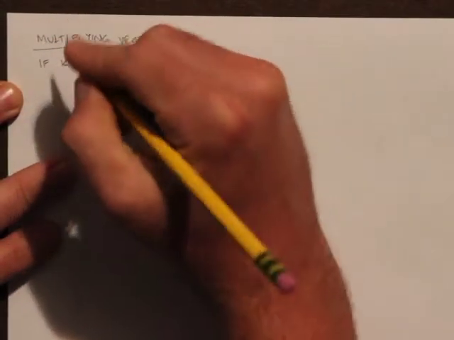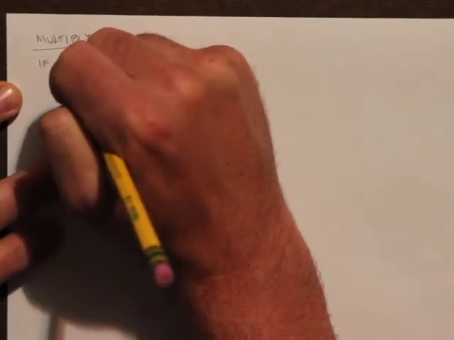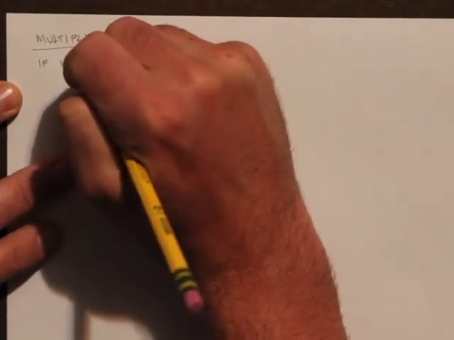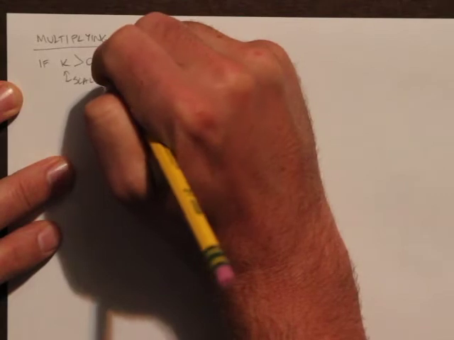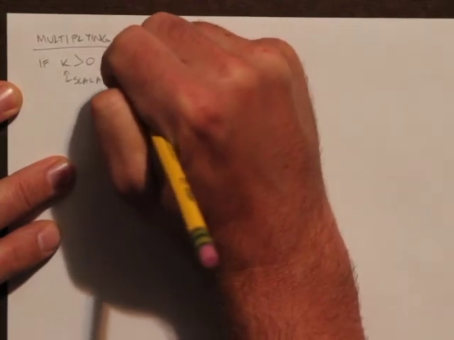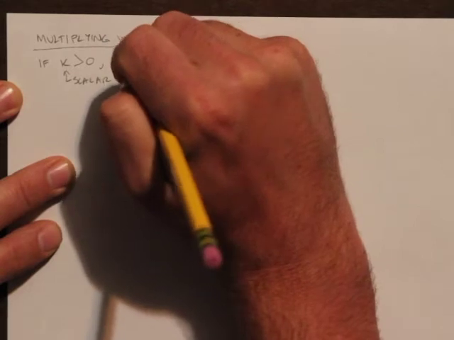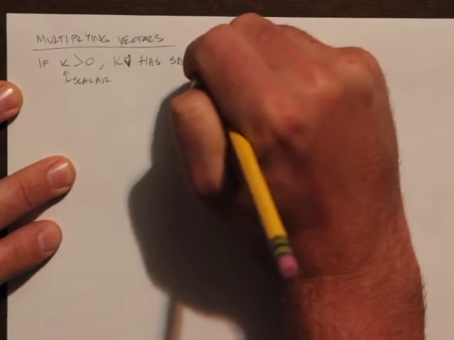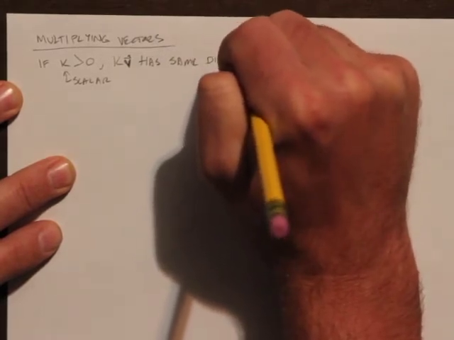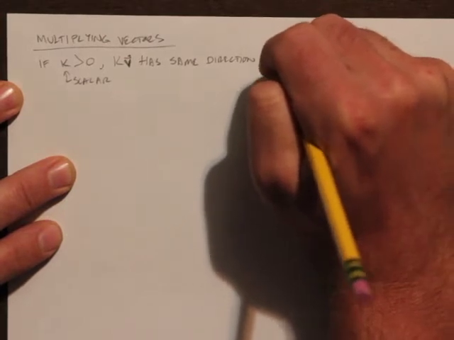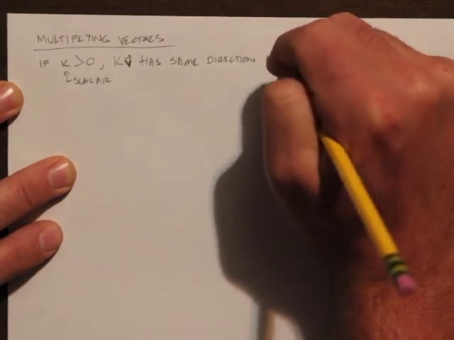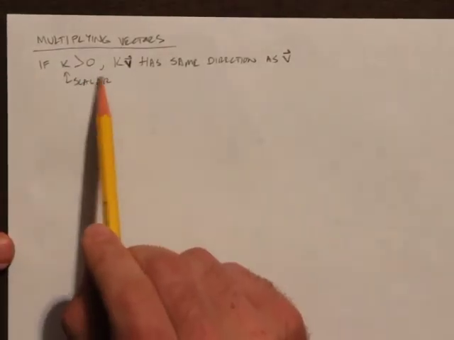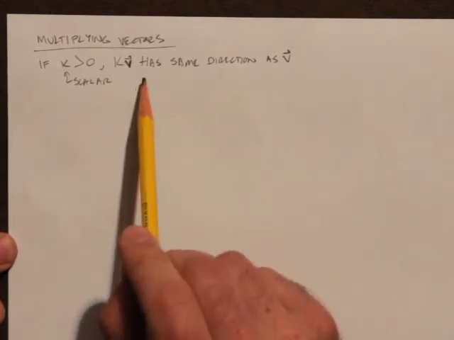If k, which is a scalar quantity, is greater than 0, then k v here has the same direction as the vector. So we're saying if it's a positive number, it's going to go the same direction when you multiply them together.